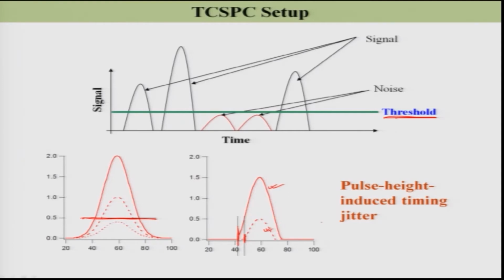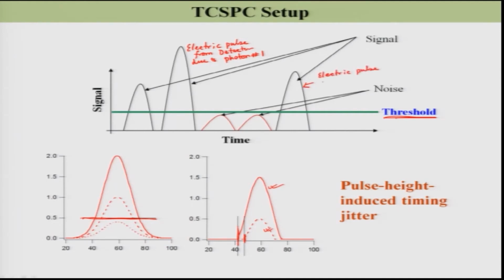You remember here that both of these pulses, let us say, I am writing it that way, this is the electric pulse from the detector due to photon number 1.